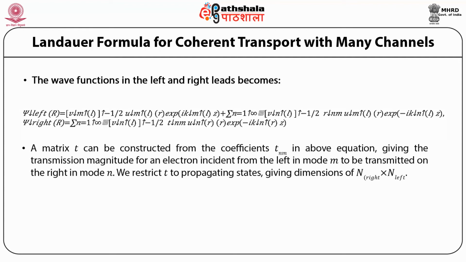So the matrix T can be constructed from the coefficients tnm in the above equation, giving the transmission amplitude for an electron incident from the left in mode m to be transmitted on the right in mode n. So we restrict T to propagating states, giving dimensions of n right multiplied by n left.